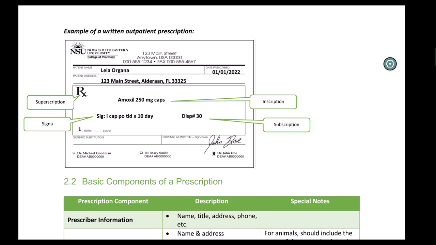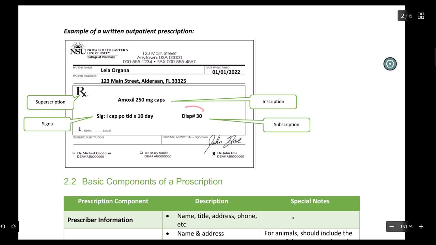The signa here, usually abbreviated SIG. Some people say, what's the SIG code? This is the SIG. It's the directions of how the patient should take it, what you should write on the label. And this says 1 capsule PO TID times 10 days. You would interpret that as 1 capsule, PO means by mouth, TID is 3 times a day, times 10 days, which is them taking 3 capsules a day times 10 days.